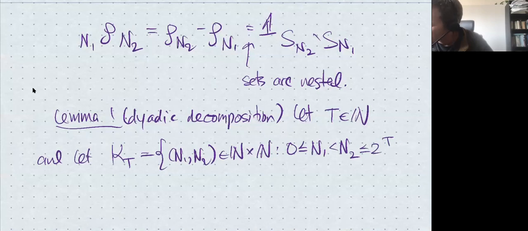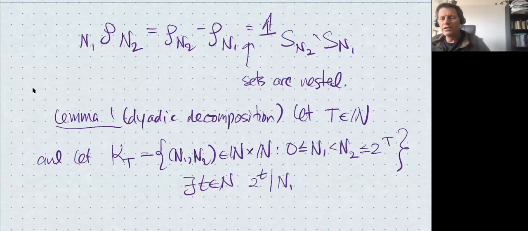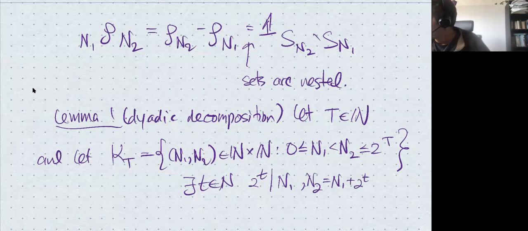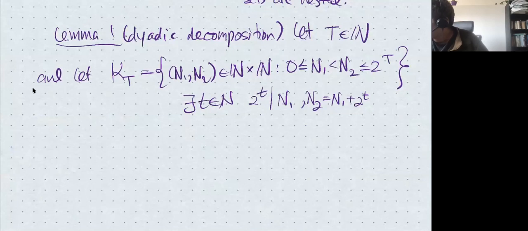These numbers are integers. They're bounded above by 2 to the t. And I want that n1 is divisible by some power of 2, and n2 is n1 plus this power of 2. Okay, so let me first state a lemma, and then I'll give some examples of what these pairs of numbers are and why this dyadic decomposition is useful.